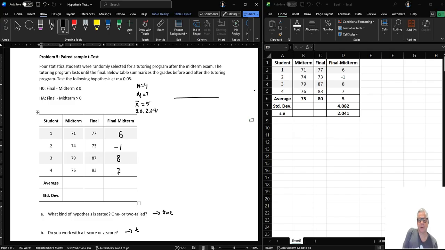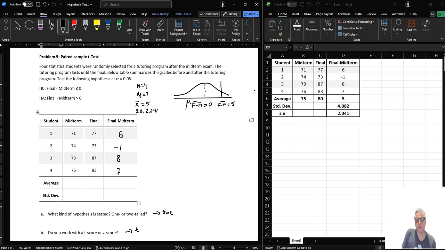Okay, so what we do in this hypothesis test is we assume that there was no difference. So the hypothesized final minus midterm, I call it now F minus M, that average is supposed to be 0, but it turns out that our actual F minus M is a positive 5.